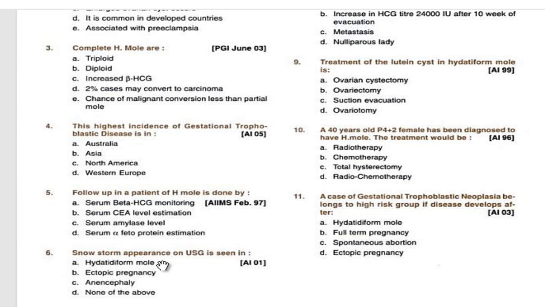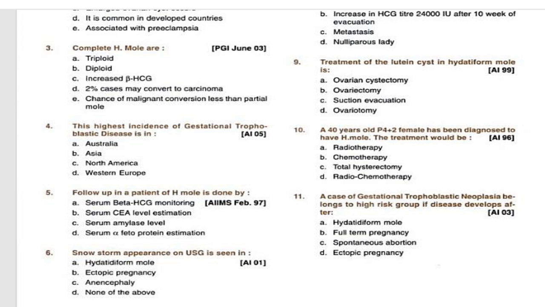Nowadays you don't classically get the snowstorm appearance. The uterus feels doughy on palpation, and on ultrasound you get a snowstorm appearance. But I'll tell you something that they might ask you.